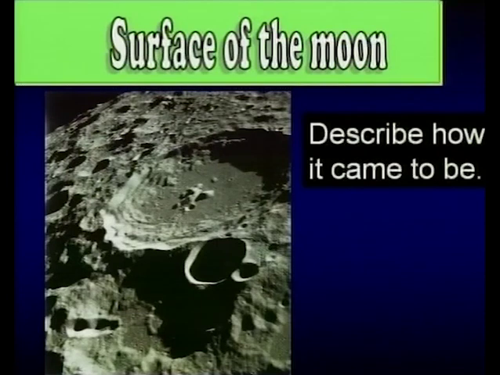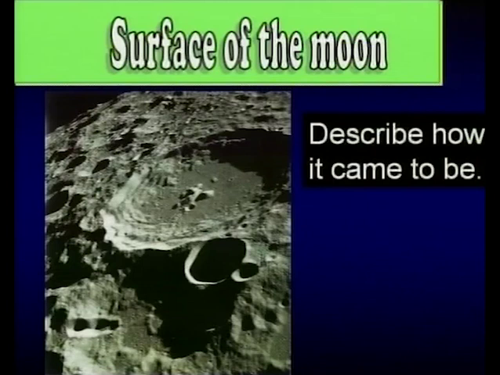These craters are formed from meteors and asteroids that hit the moon some 4.5 billion years ago, about the same time the Earth was formed.